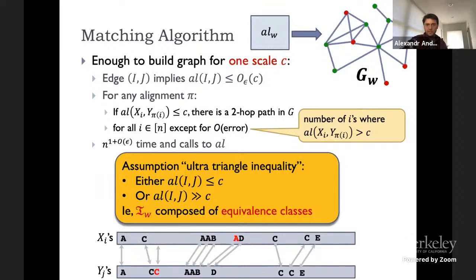In particular, I'll assume that for any pair of substrings i, j, either they are very close, namely at distance at most C, or they are very, very far, namely distance more than C. Equivalently, this can be seen as saying that all our substrings of x and y can be partitioned into equivalence classes. Things that are close among themselves, and everything else is far.